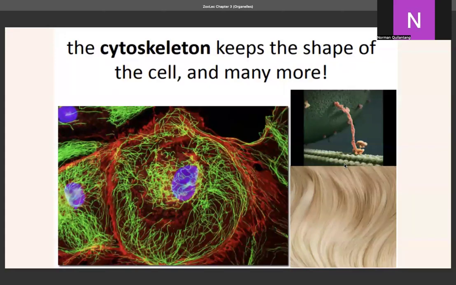Then the cytoskeleton. This is the part of the cell that gives it structure and integrity.